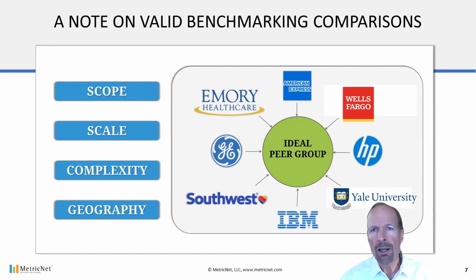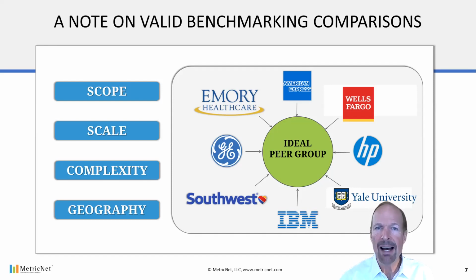Scale refers to the volume of contacts you handle. Contact centers are scale sensitive, and specifically the cost per contact is a function of the volume of contacts you handle. For example, we would never want to benchmark a 10,000 contact per month contact center against a 100,000 contact per month contact center, because the larger contact center will have scale economies that the smaller contact center simply doesn't have.